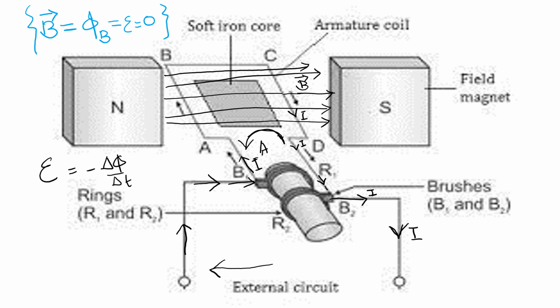So in this way, a continuous induced electric current is generated in the AC generator.